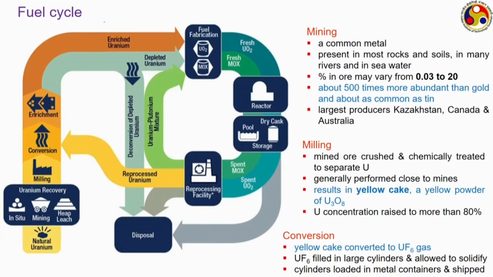So, what we are getting at the enrichment location is this UF6. I repeat, UF6 is a gaseous material, whereas the U3O8 that we are getting from the milling plant is a yellow powder. Next comes the enrichment.